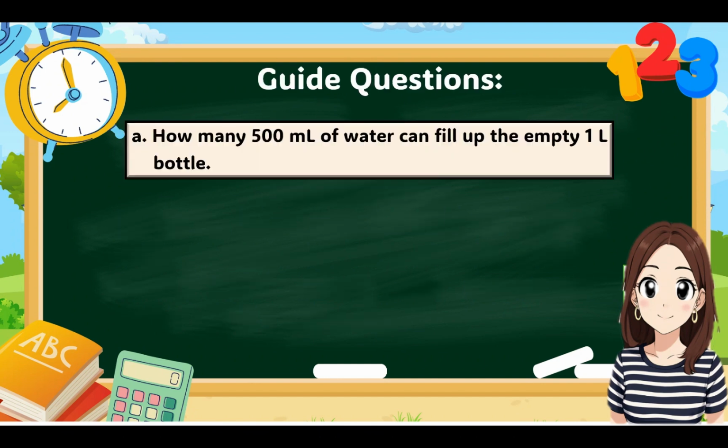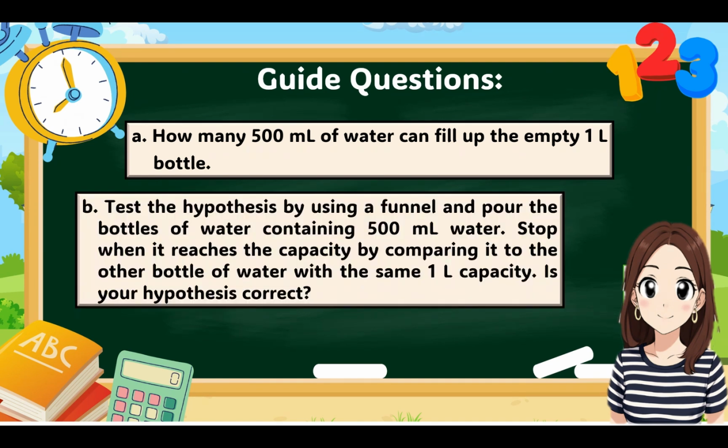How many 500 ml of water can fill up the empty 1 liter bottle? Next, test the hypothesis by using a funnel and pour the bottles of water containing 500 ml water. Stop when it reaches the capacity by comparing it to the other bottle of water with the same 1 liter capacity. Is your hypothesis correct?